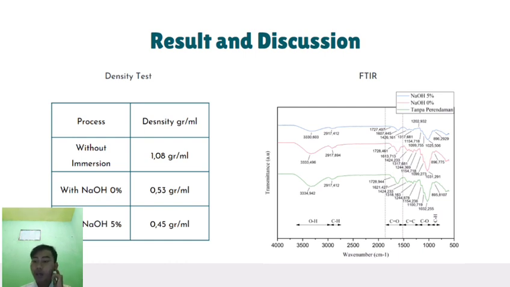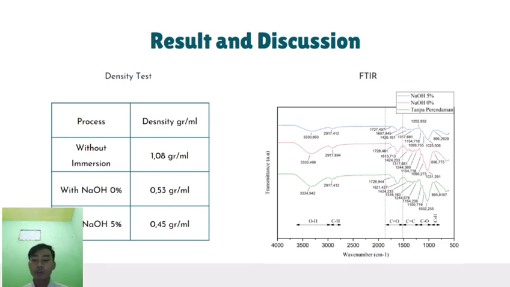FTIR. Here is the spectrum graph of the FTIR test. The green line is the FTIR result of the fiber without immersion. The red line is the result of the 0% NaOH delignified fiber, and the blue line is the result of the 5% NaOH delignified fiber.